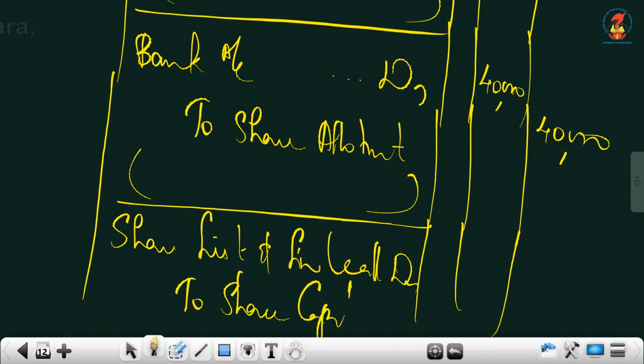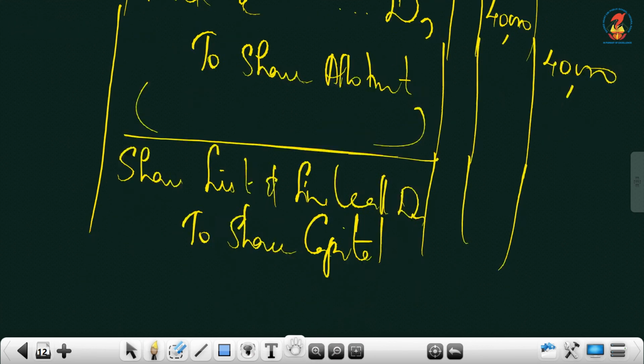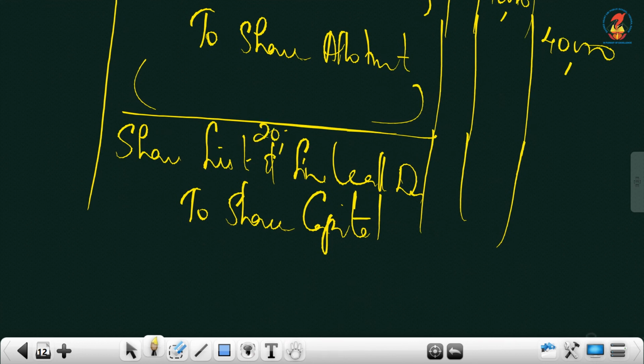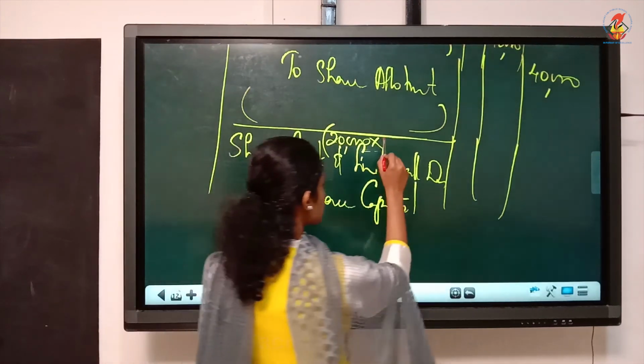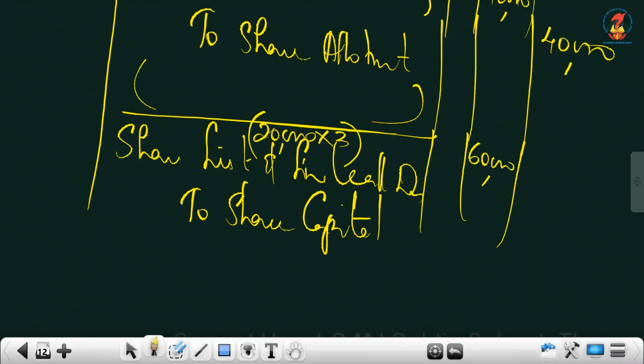How will you compute the amount? Is it on 20 or 25? You have to do on 20,000 shares into what is per share? Just see the top. You can see the top and take the split at 3 on first call. That's why we are writing the split up first.